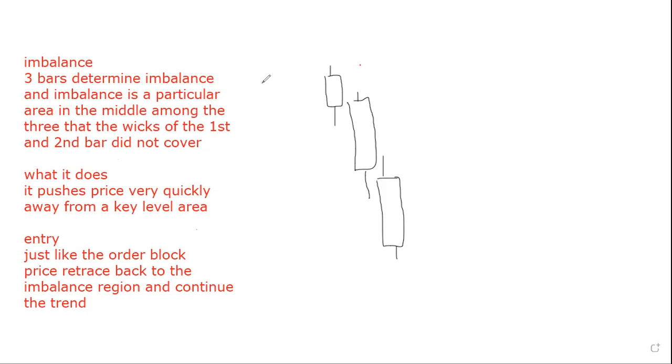Let me label them. Bar 1, bar 2, bar 3. Now, I said an imbalance is a particular area in the middle, in the middle bar.